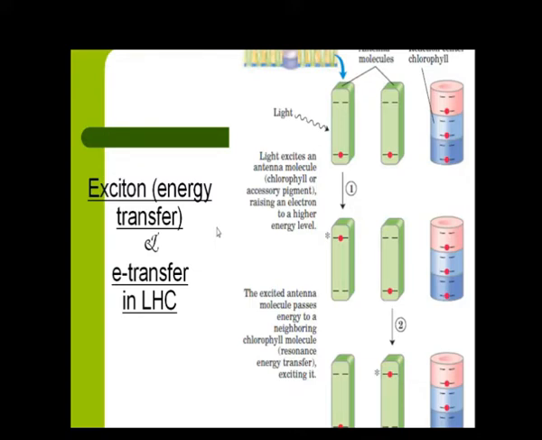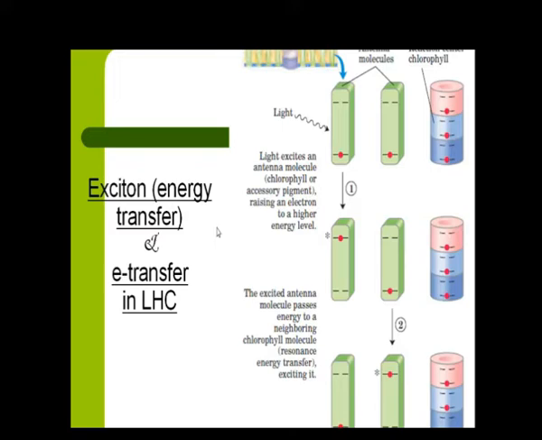In this, this is your chlorophyll A molecule. These are the next molecules which come in the reaction, which we'll see later. Now, light comes and excites the first antenna molecule.